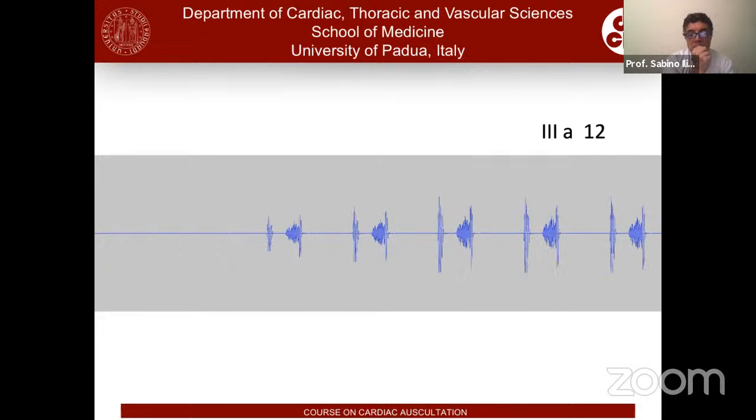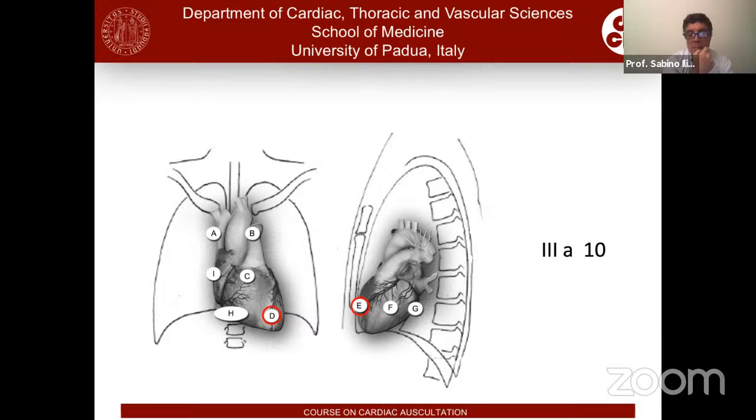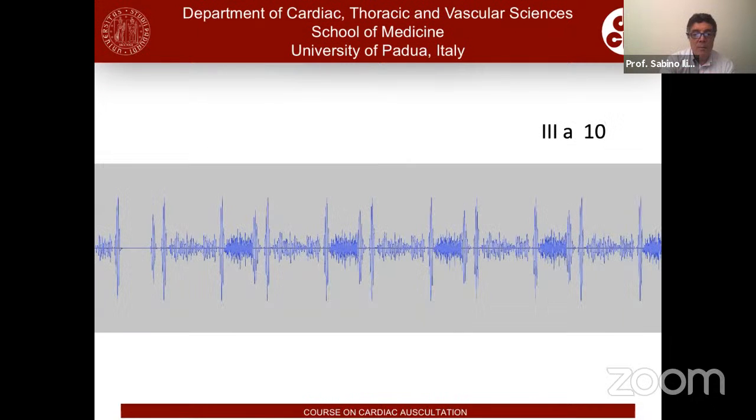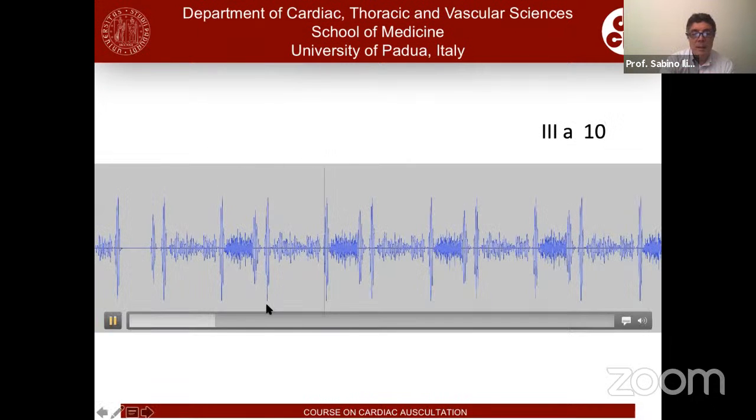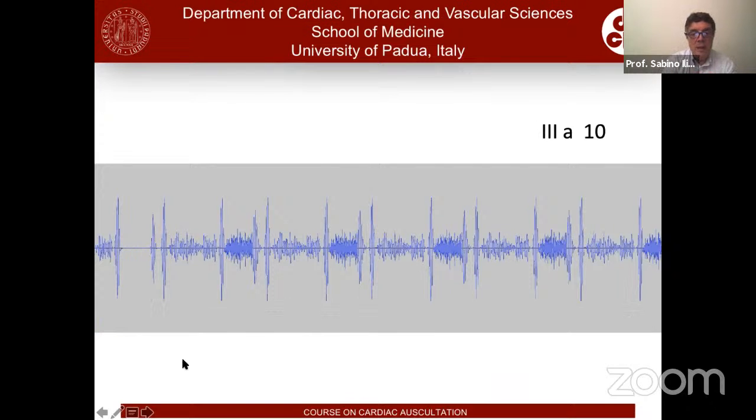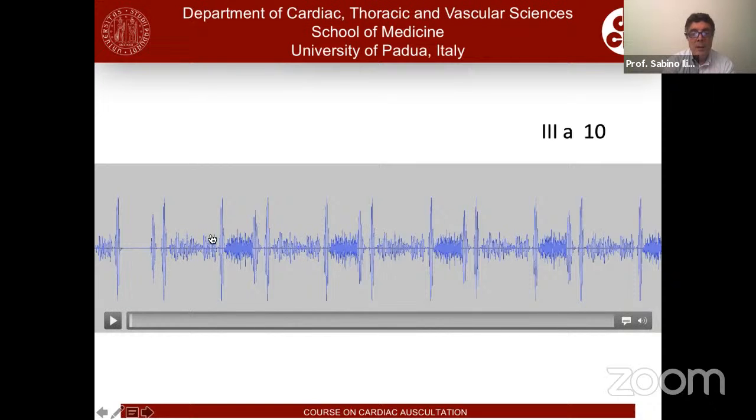And now we go to the last example. The last example is a mitral valve that is stenotic and regurgitant. So this is an example of mitral stenosis with mitral regurgitation. It seems complicated, but this is what happens.